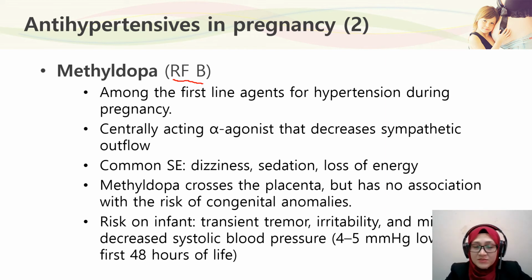So although it crosses the placenta, the evidence shows that it does not cause any abnormalities to the fetus. Only the infant, the newborn, might have transient tremor, irritability, and decreased systolic blood pressure only for the first 48 hours of life. It is only a temporary effect in the newborn.